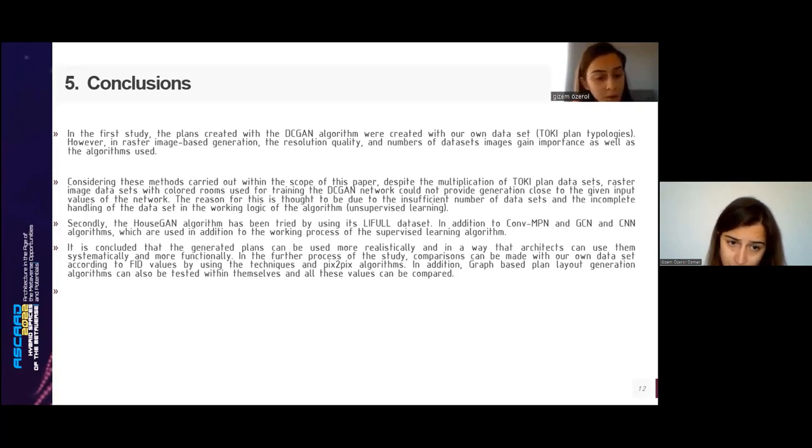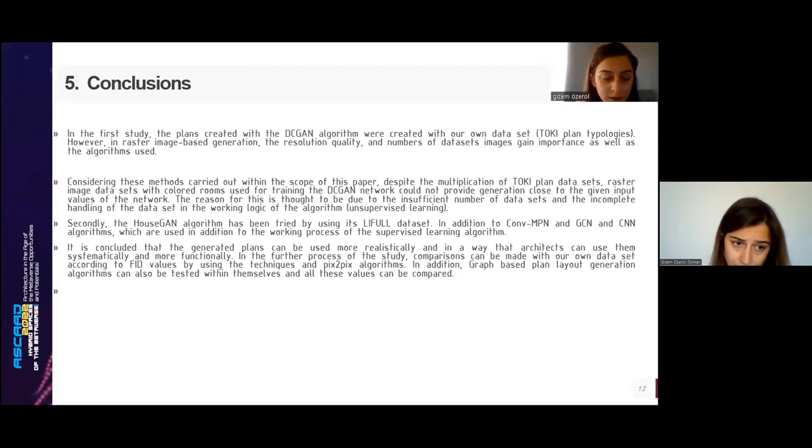So considering all these methodologies, we can say that, secondly, the Hausgal algorithm was realized and implemented with their own datasets, in addition to the convolutional GCN and CNN algorithms, which are used in the working process of the supervised learning algorithm. So it was the affecting point for Hausgal.